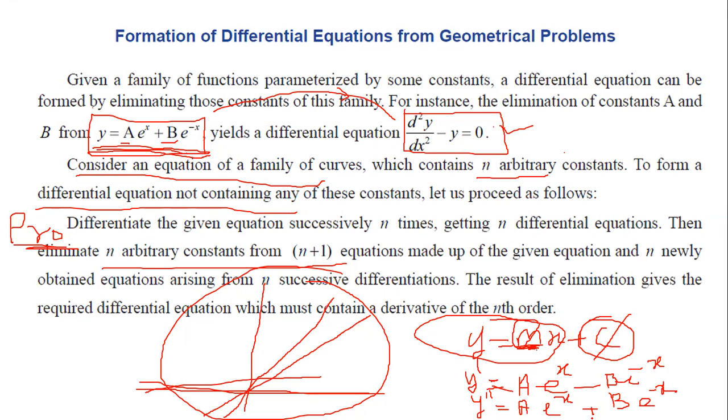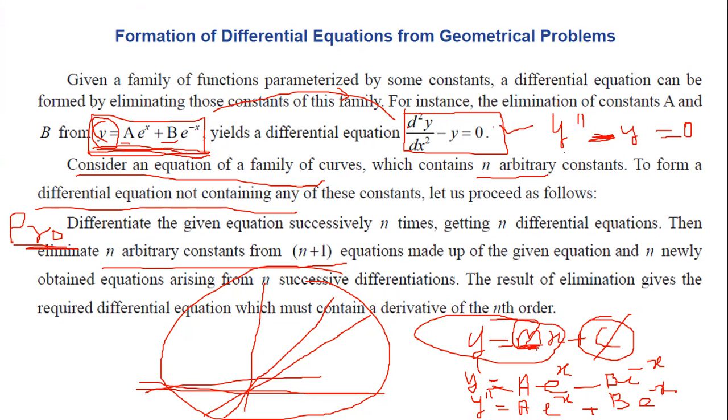So see that a e power x plus b e power minus x is y. Therefore, we can write this as y double dash equal to y. If you take it to the side, y double dash minus y equal to 0.